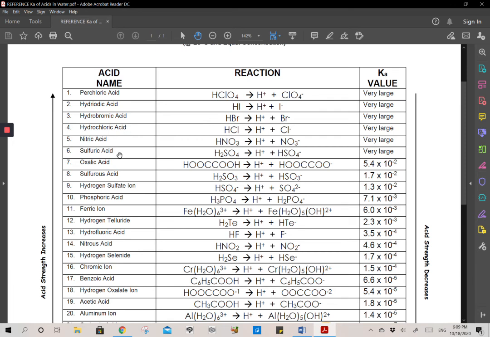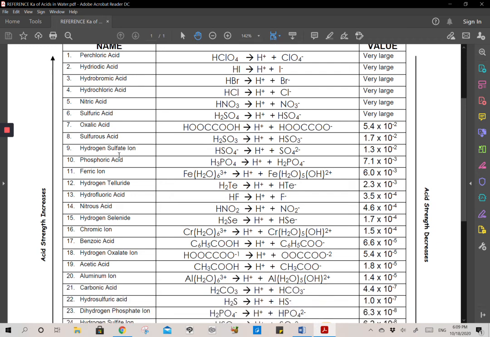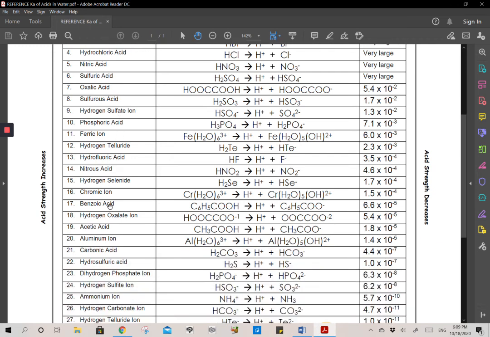So if you want to compare that with a weaker acid, if you keep scrolling down, you won't find the weak acids until you get to number 19. So what I want you to do is highlight acetic acid here.